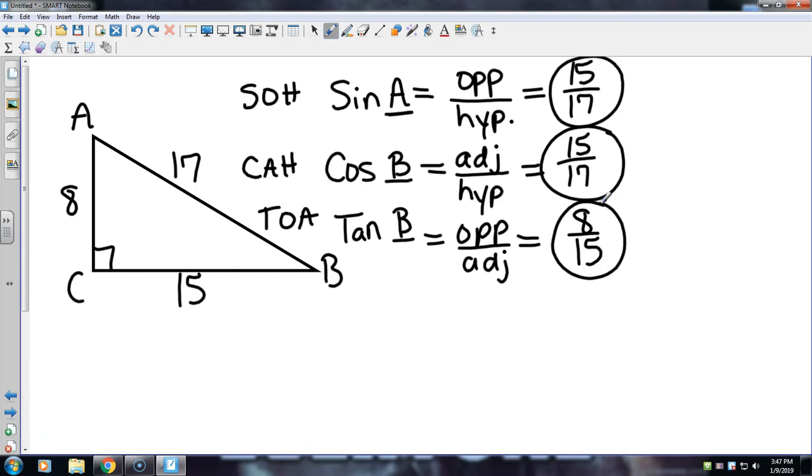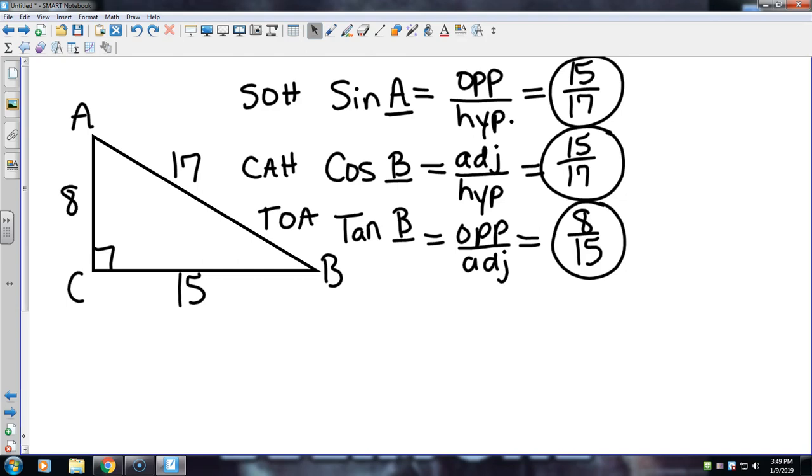Now, what if I actually wanted to find A and B? To this point, I don't have enough information. I do know that angle C is 90, so I know that A plus B has to equal 90, but I don't know which one is which. Now we have that information. Okay, so now we're going to do a little calculator work to find out what A and B are.